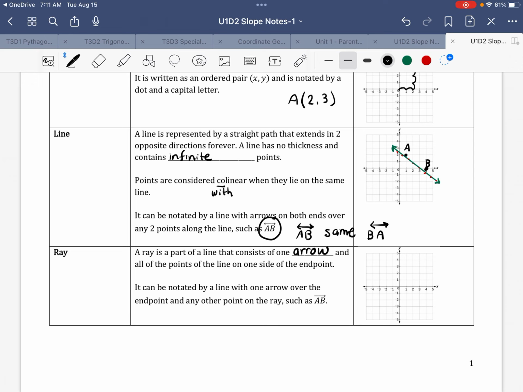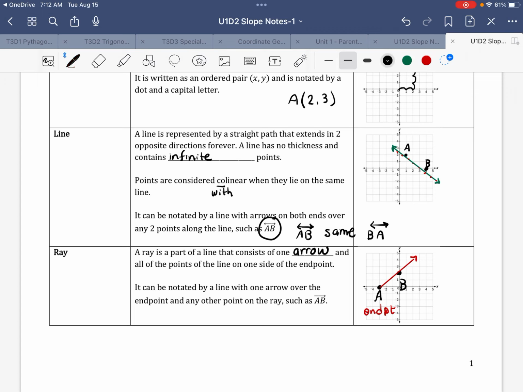So for example, if we have ray AB, we could have A here, and then B could be right here. And if we're going to have our ray, it would go like this, and we would draw the arrow, where A is our endpoint.